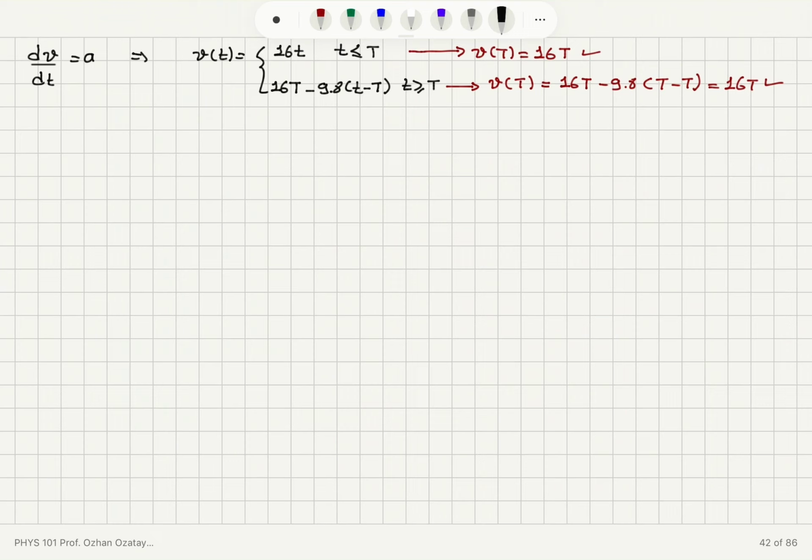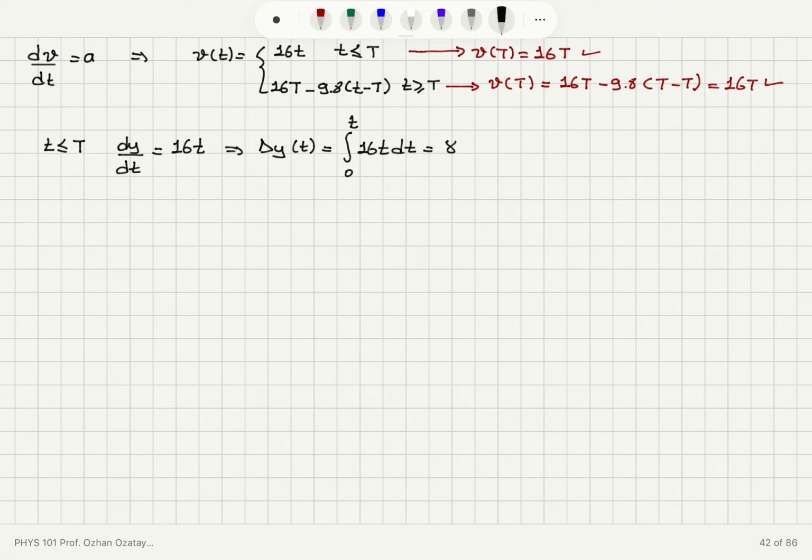Now for t less or equal to T, dy/dt is the velocity, which is 16t. So the total displacement delta y as a function of time from t equals 0 to t is the integral of 16t dt.